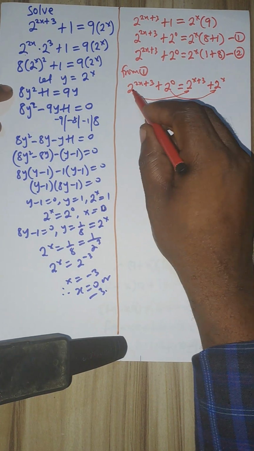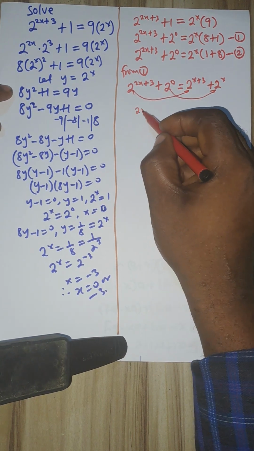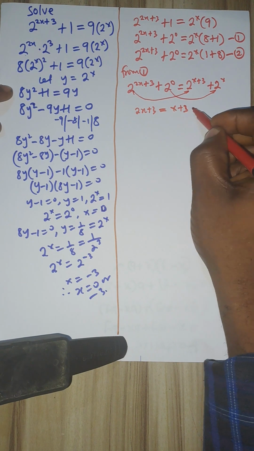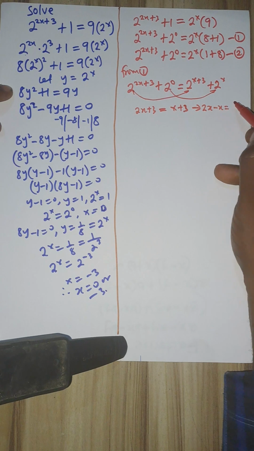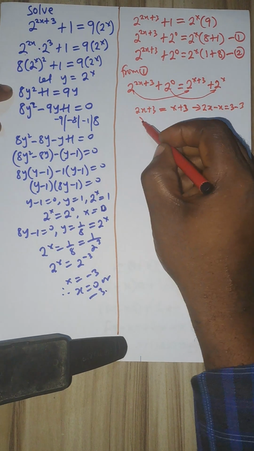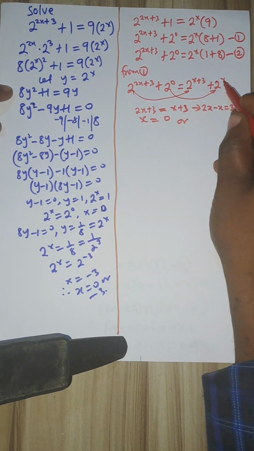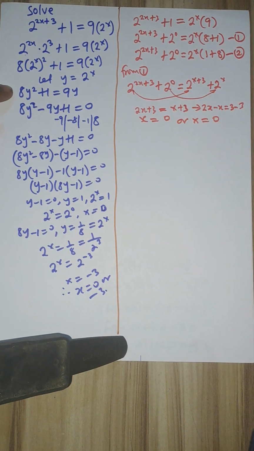If they have equal base, we equate their exponents. You have 2x plus 3 equals x plus 3. That will give us 2x minus x equals 3 minus 3. Therefore x equals 0. So in any case, we are getting the same thing.